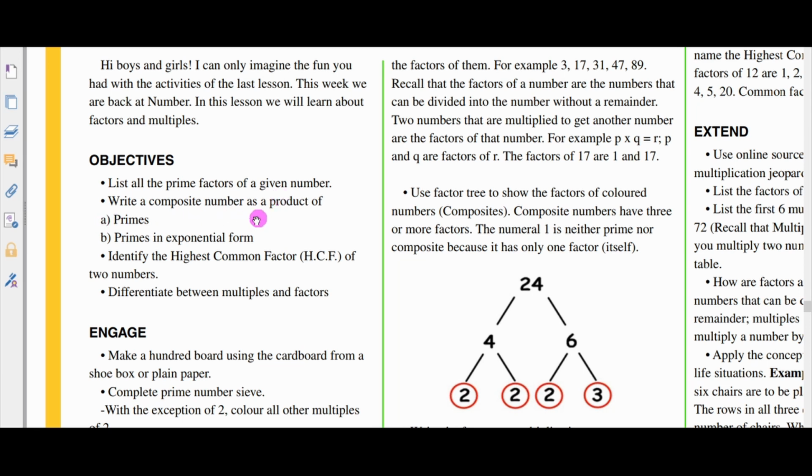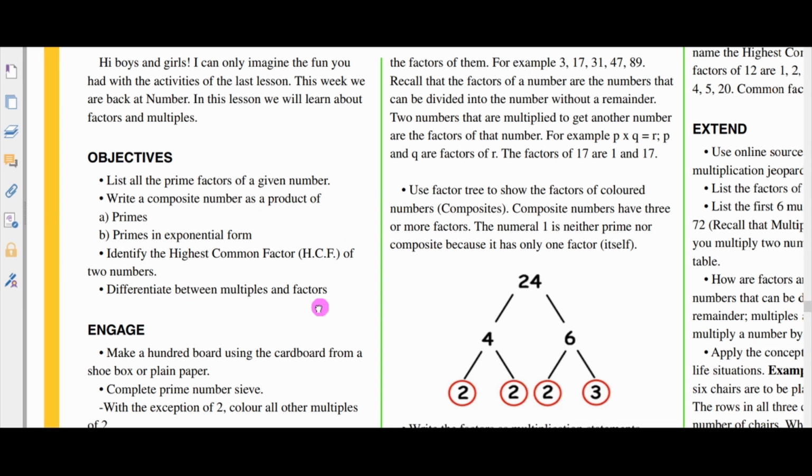Write a composite number as a product of its primes and primes in exponential form. Identify the highest common factor, HCF, of two numbers and differentiate between multiples and factors.